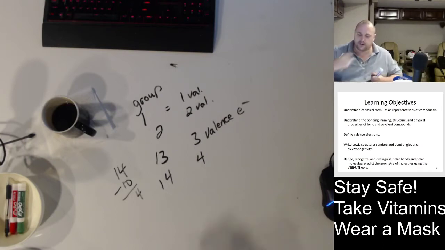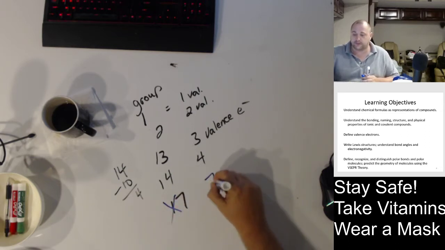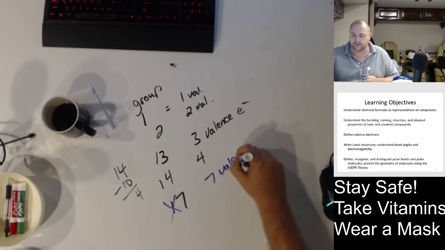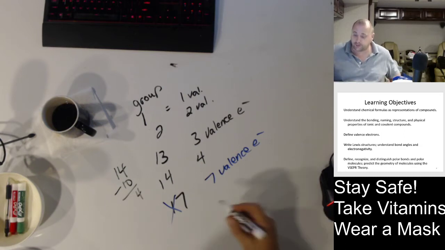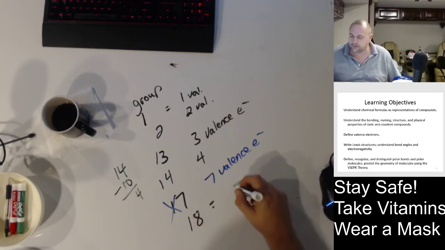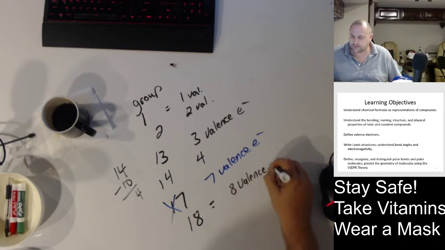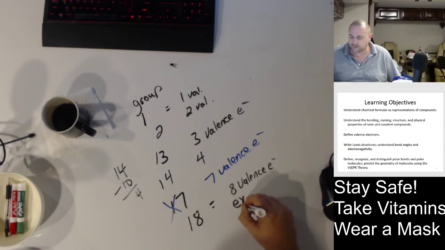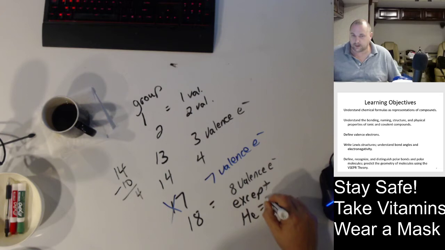If I want to do group 17, I just ignore the 1 and say this is 7 valence electrons. That's simple, okay? So then we can look at group 18, and it has 8 valence electrons, except helium has 2.